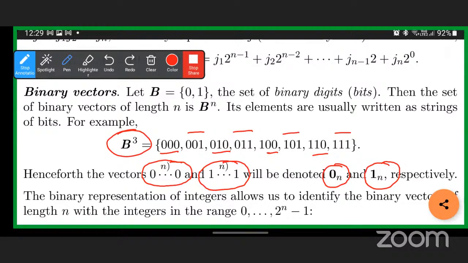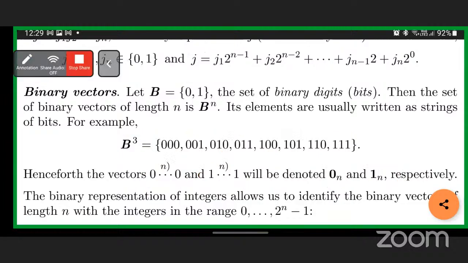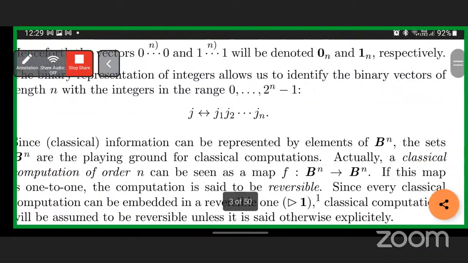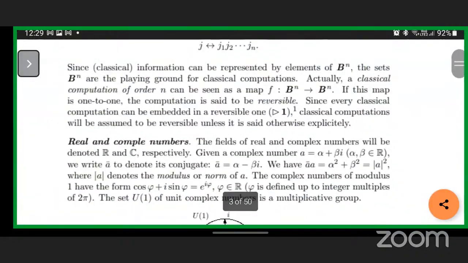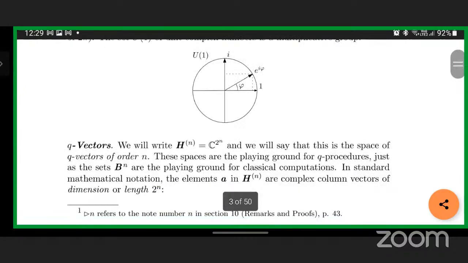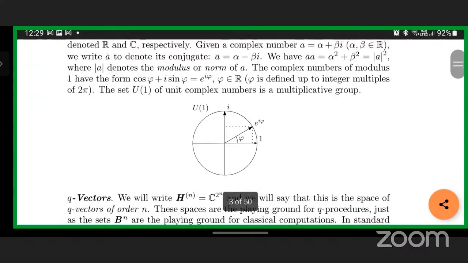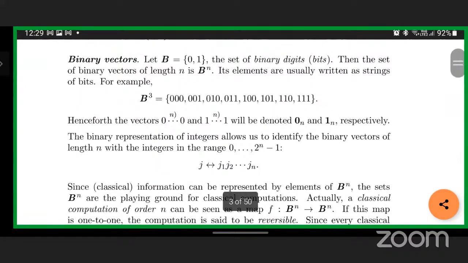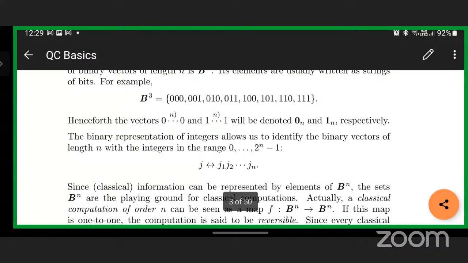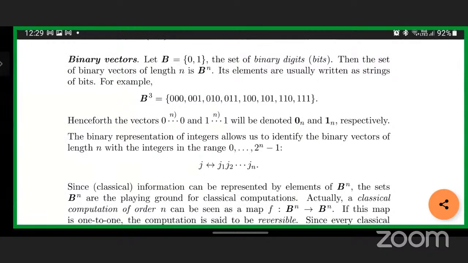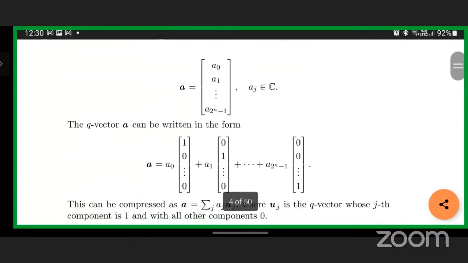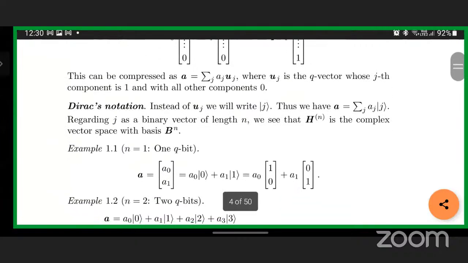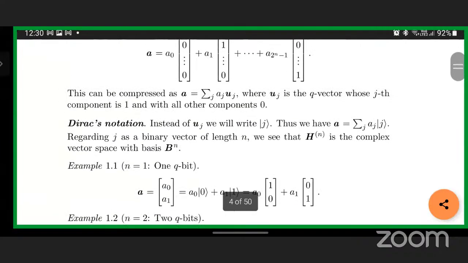So it's as simple as that. What about the other values? The other values will be represented using that notation that I was trying to tell you.